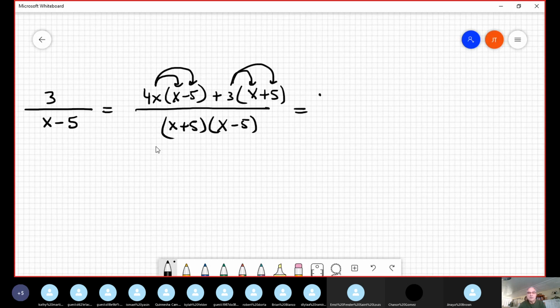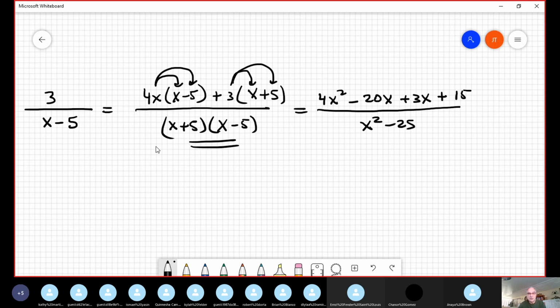It is 4x squared minus 20x plus 3x squared plus 15x over, in this case, if you want, x squared minus 25. It's the multiplication. And we combine later. Actually, it's 7x squared minus 5x over x squared minus 25.